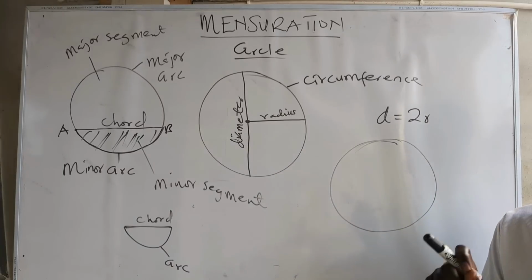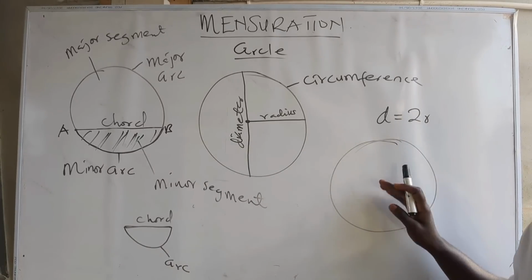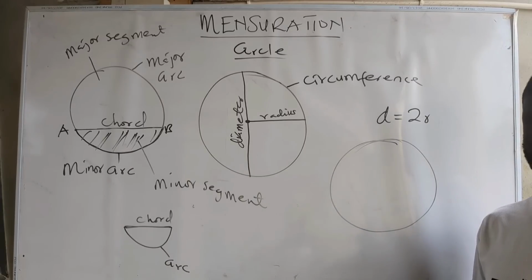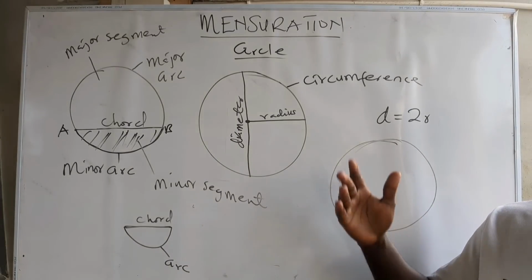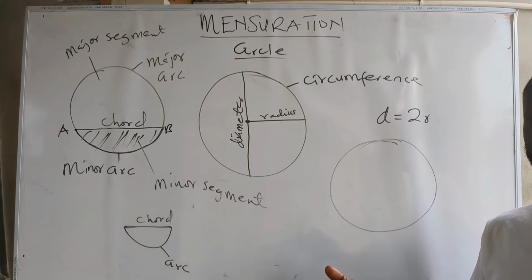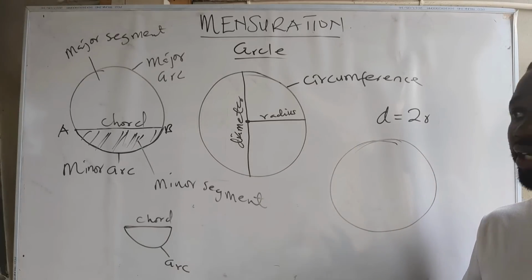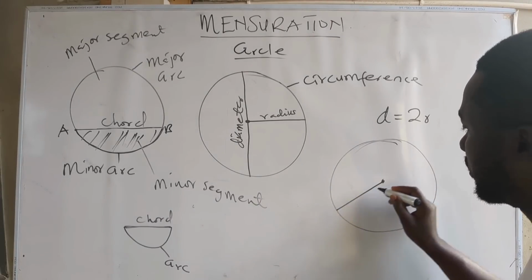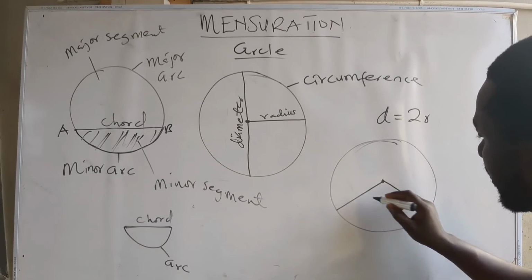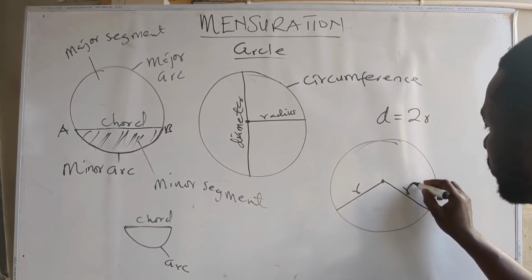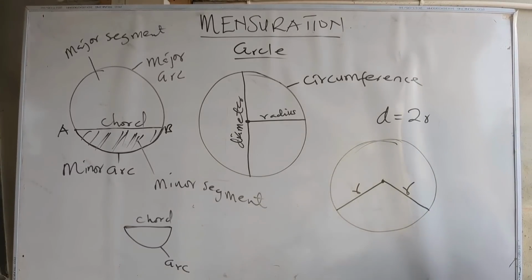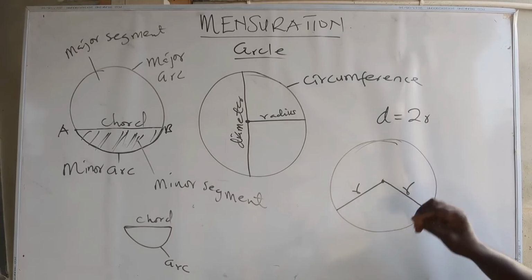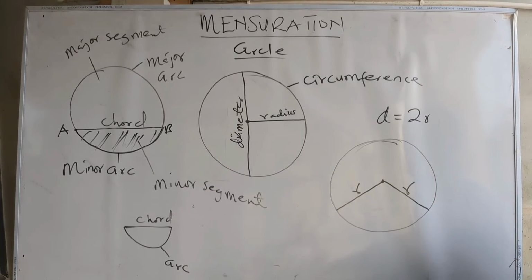When you have any portion of the area formed by two radii (singular is radius, plural is radii), let's say this is a radius, this is a radius. The entire space within the circle is the area. If I have a portion formed by two radii, we call it a sector.